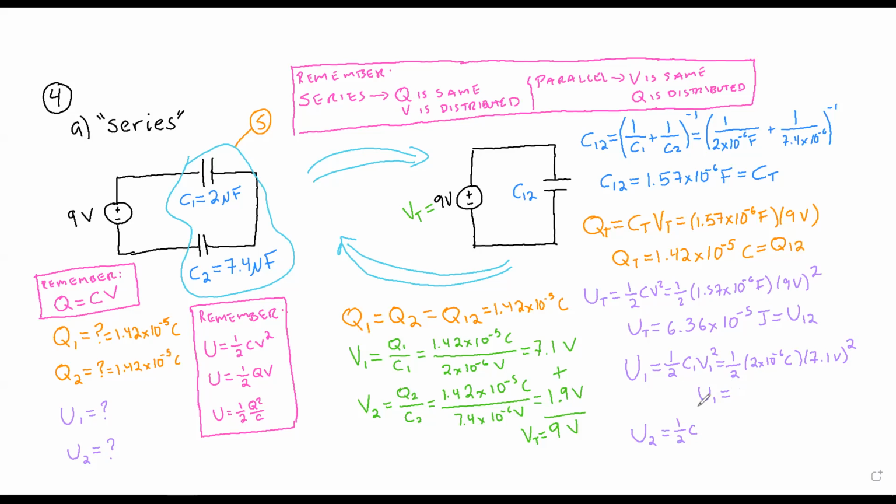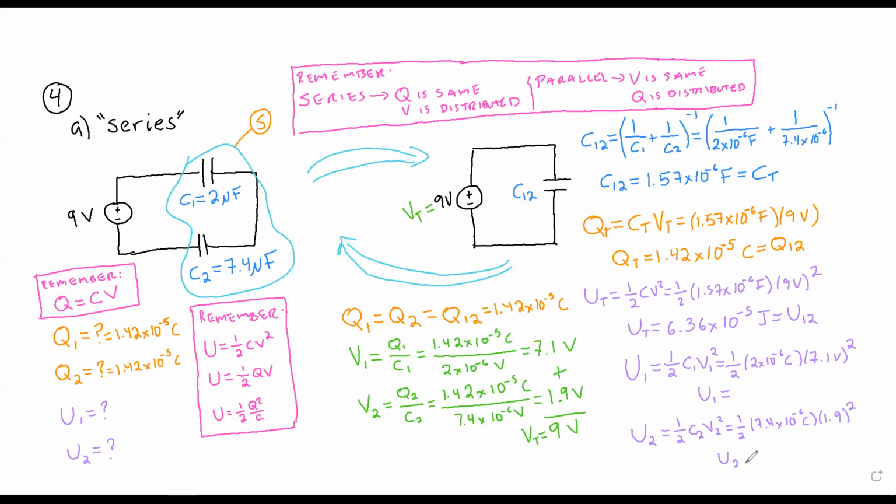1/2 of C2 V2 squared equals 1/2 of 7.4 times 10 to the minus 6 coulombs times 1.9 squared.